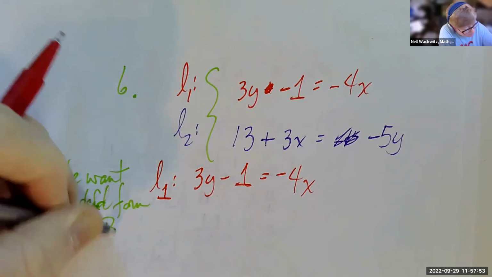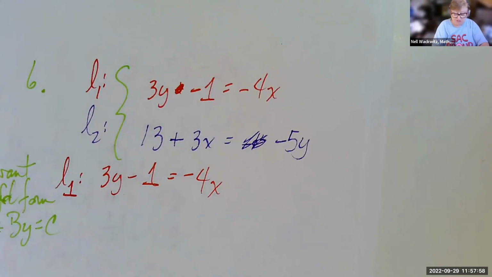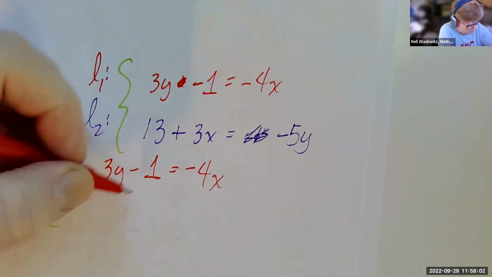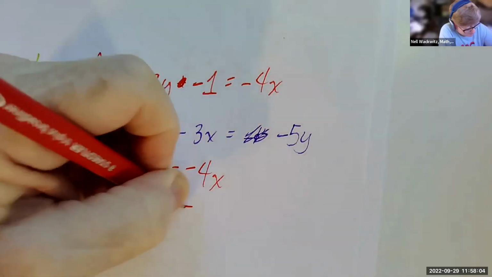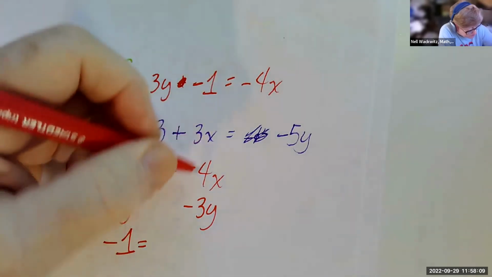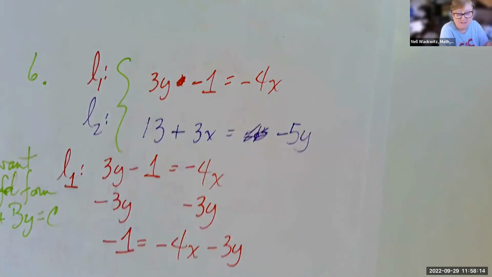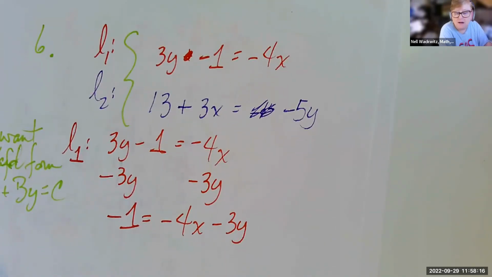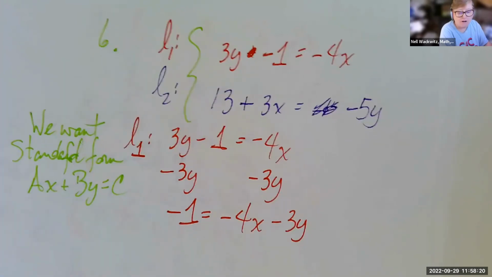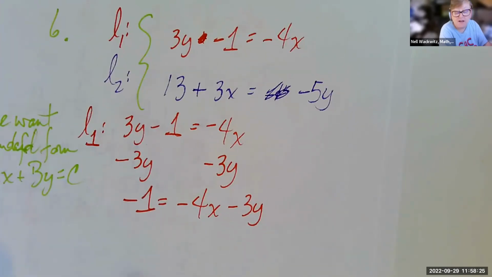Ax plus By equals C. What do we get in standard form? Minus 3y. Negative 4x minus y. So the x and the constant stay the same without changing sign.